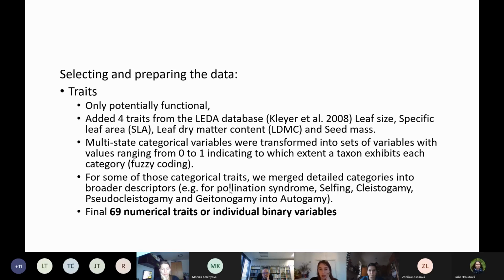So this is an example. Many pollination syndromes that are allogamy, we just merged them into autogamy. So we didn't have all of these columns. So in the final table, we had 69 numerical traits or individual binary variables, that is, the expanded variables that I explained before.